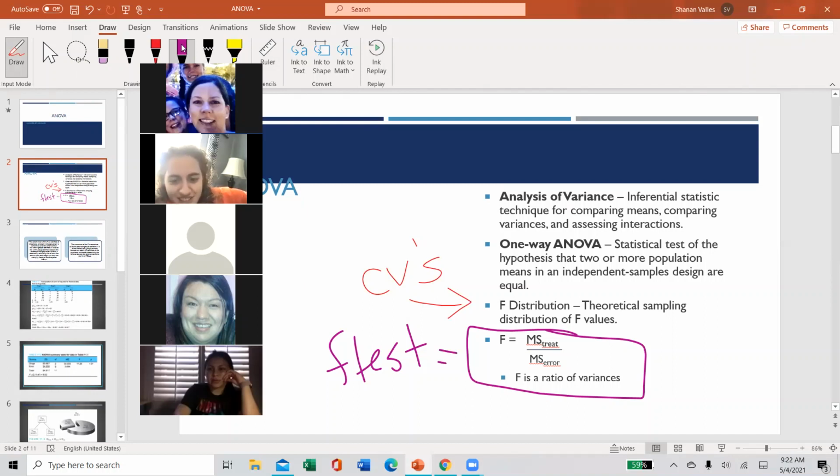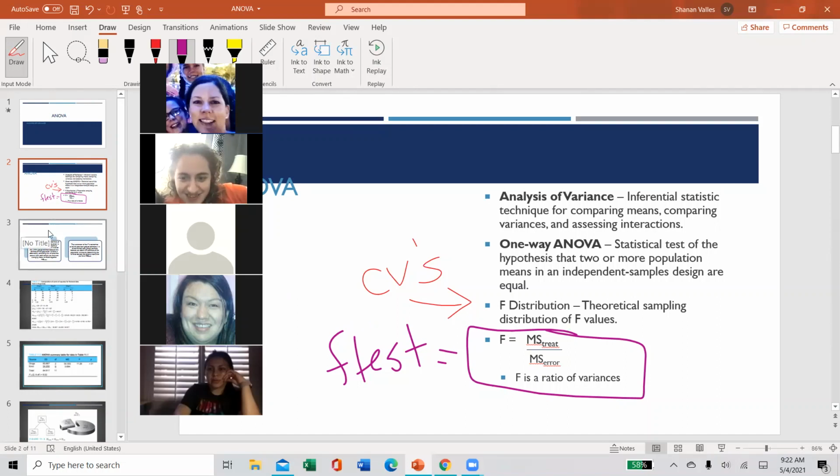Yeah. So the F test is this part, okay? If you want to think of it that way. And the F distribution is how we find our critical values. Yes. Okay. And thank you for asking that and clarifying that, because I promise you, as soon as I was talking about it, I was like, okay, this is confusing. So thank you for asking.